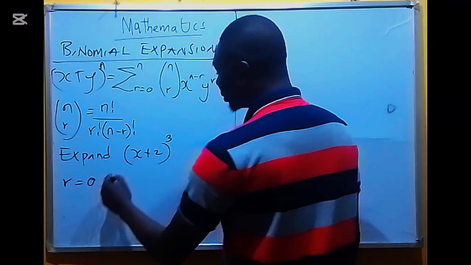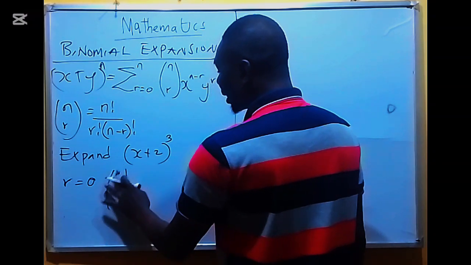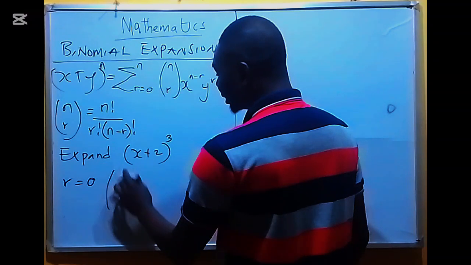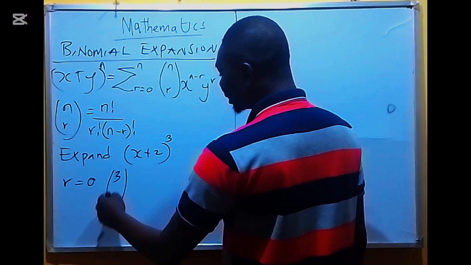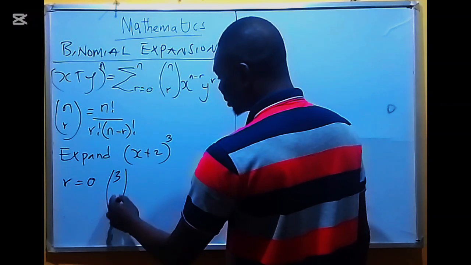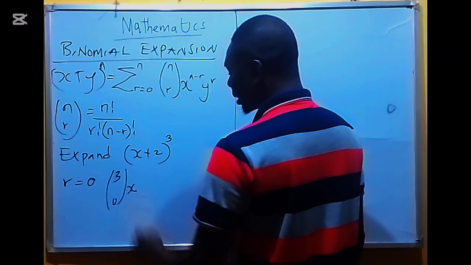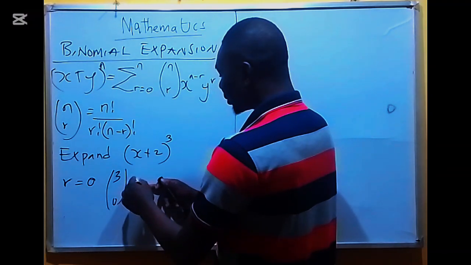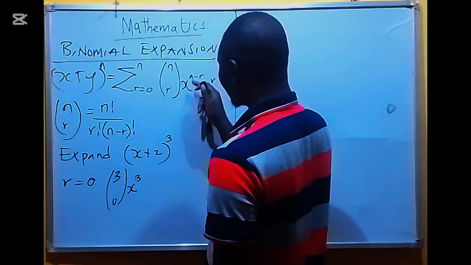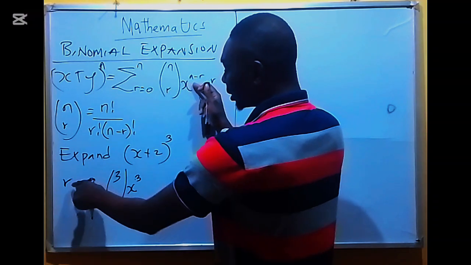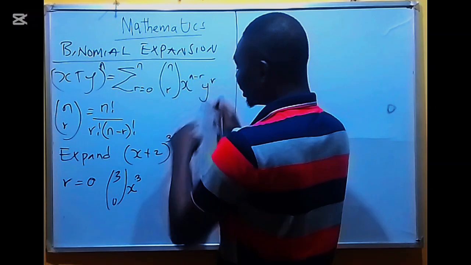If r is equal to 0, we now have n combination r. Our n from the question is 3, and r is 0, times x raised to the power of 3. Because it is raised to the power 3, our n is 3 minus the first term, which is 0, so 3 minus 0 is 3.